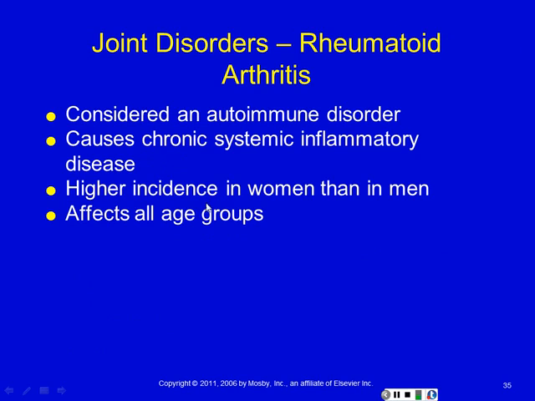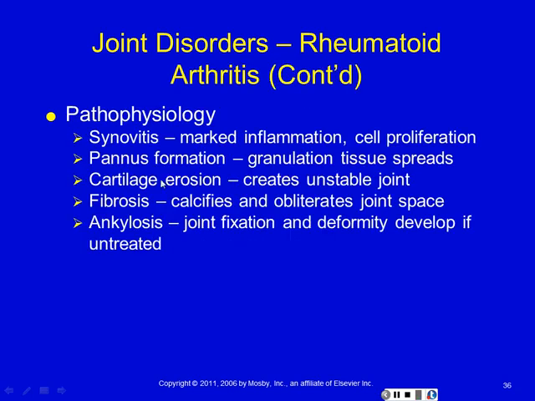We see this more commonly in women than men, and we can see it across age groups. Osteoarthritis is usually a problem with people 50 plus. Rheumatoid arthritis can start even in the teens or even younger. Normally, rheumatoid arthritis doesn't get real bad until you're 40, 45 plus, but young people can have it as well.